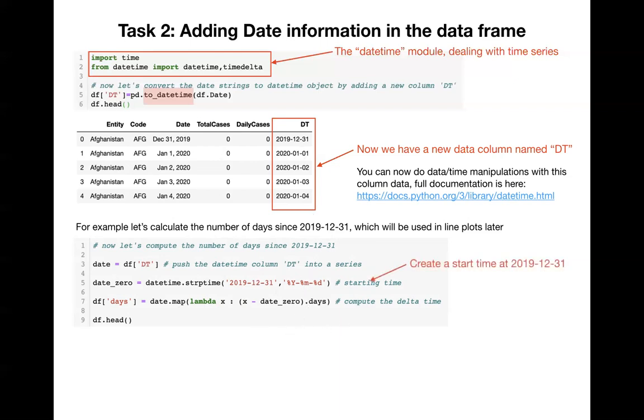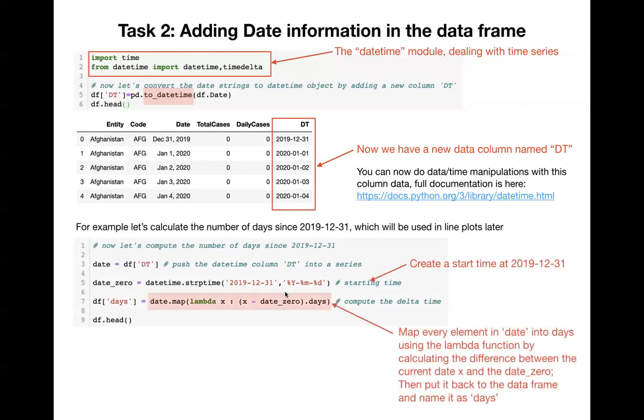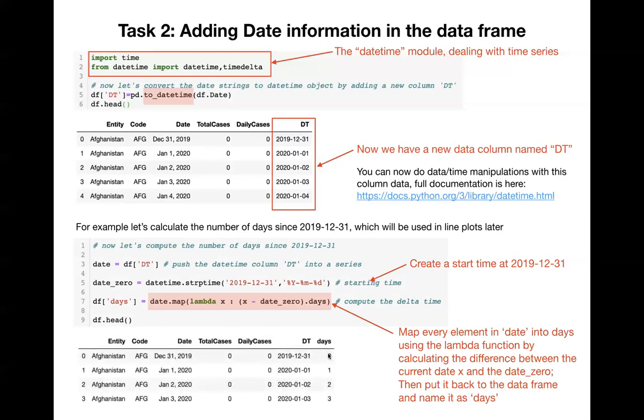If I do this, this is the start time, and this is basically the trick. You map every date based on the 0 date and subtract the 0 date to get the delta. And now I got a new column, days, and it's 0, 1, 2, 3. So it's a nice time series starting from 0 where the data starts. And that makes the analysis a lot easier, right?